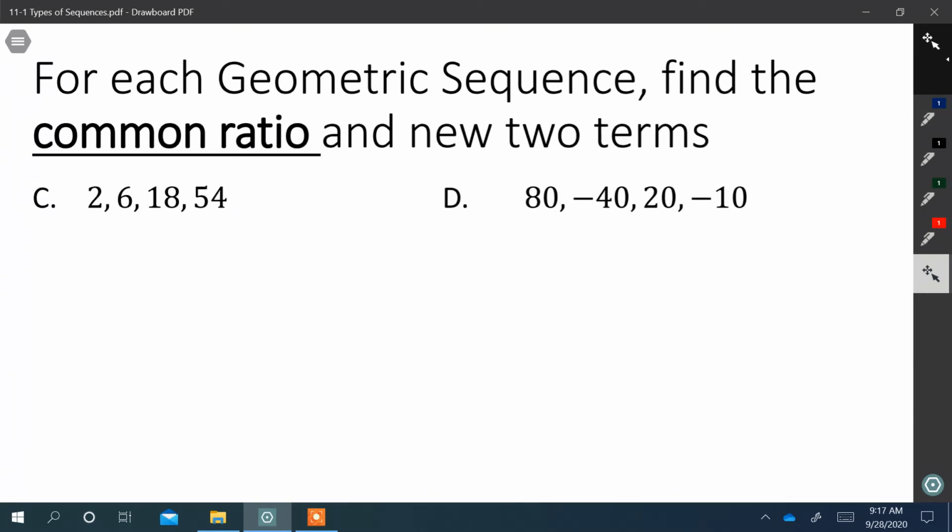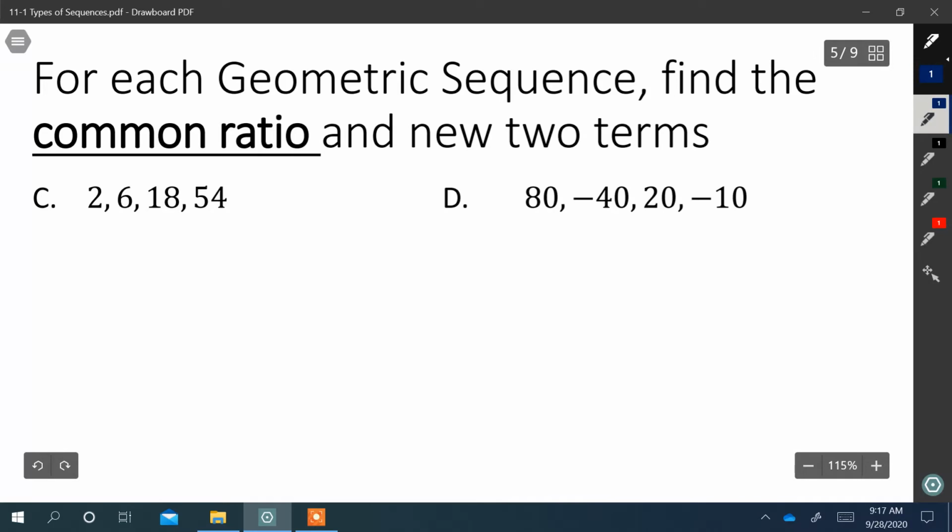Now for each geometric sequence, so geometric, remember, we're multiplying or dividing by something. Usually we can always say we're always multiplying by something. It says find the common ratio. Okay, the common ratio, remember, is that number that we're multiplying by constantly. And then we've got to find the next two terms.